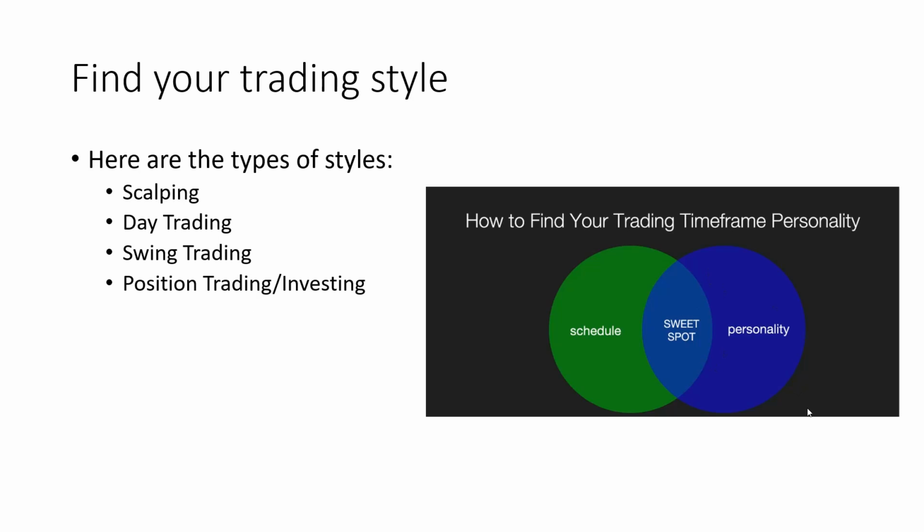And to find out which one is the best fit for you, you need to combine your personality along with your schedule, and that's where you find your sweet spot. So let's put that into perspective. If you know you have a bearish personality, but you don't have much time to trade, and you need to get in and out of the trade in a few seconds, you're probably going to be a bearish trader with a scalping trading style, and your strategy is going to be a bearish strategy where you're looking for high points where trades are getting exhausted.